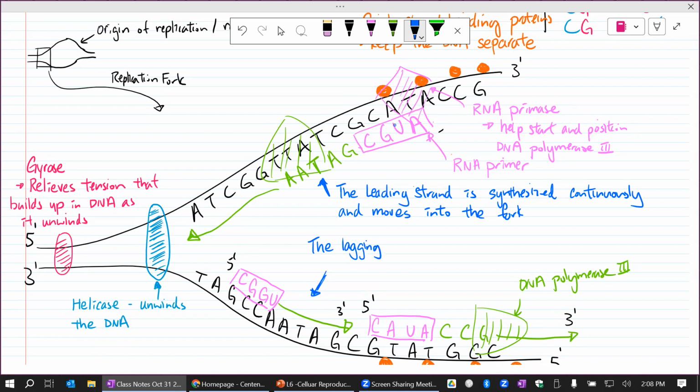It's kind of slowing it down, lagging things behind. The lagging strand is synthesized discontinuously, and moves away from the fork.